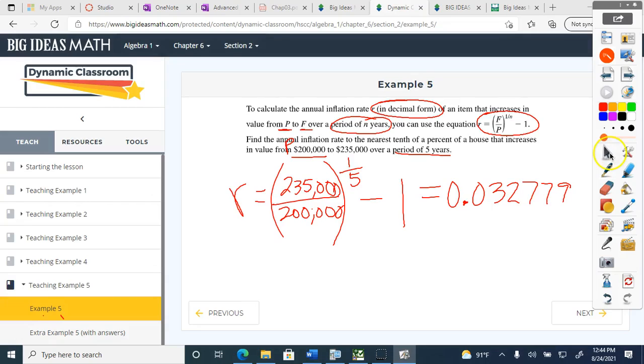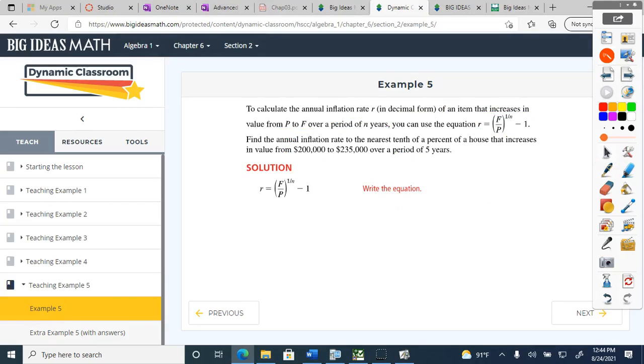Let's see if we got it right. They're doing the same thing we did. It's just really small, 0.03278. I believe that's the same thing we had. We had 0.0327779, and they rounded that fourth 7 to an 8, okay?